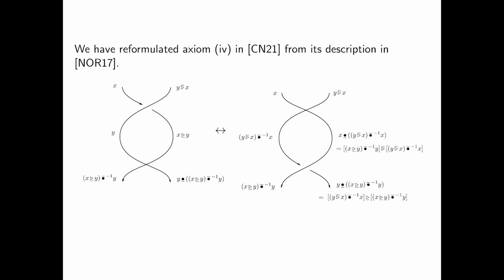For example, on the top right semiarc, we get y over triangle x, and below that we get x under triangle y. And then from there, we use the coloring rule for the inverse operations to get the output strands or the output semiarcs.